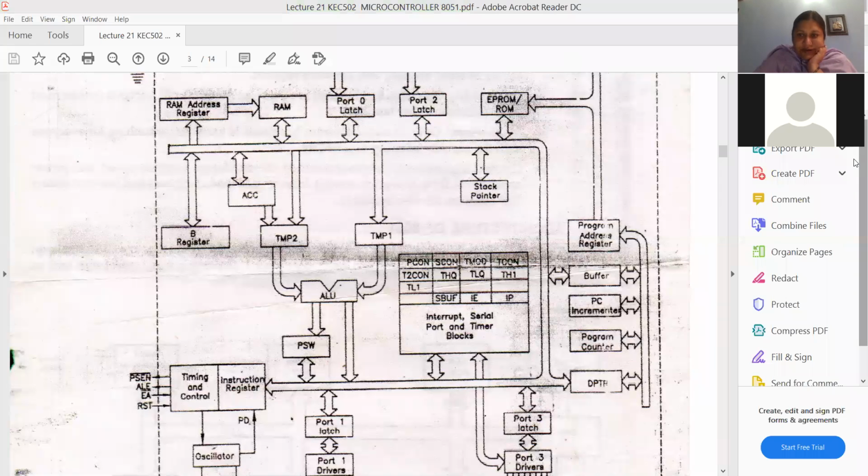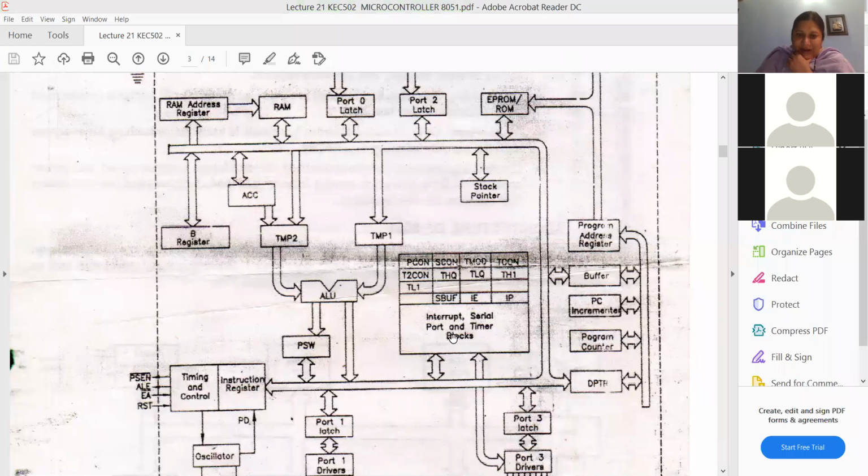So there will be 32 registers. Why 32? Because each bank is having 8 registers, R0 to R7. Likewise there are 4 banks. So 4 banks means how many registers should be there? Yes, 32. 4 into 8, 32 registers.